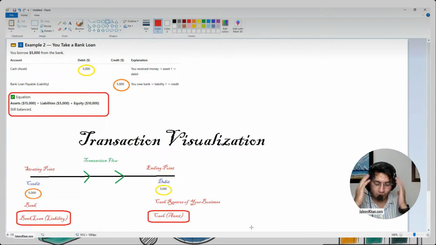If you visualize it, you are able to easily define whether that value will come in the debit column or the credit column. That's it, or at least what is helping me right now.